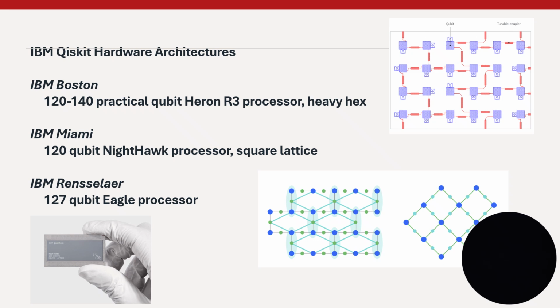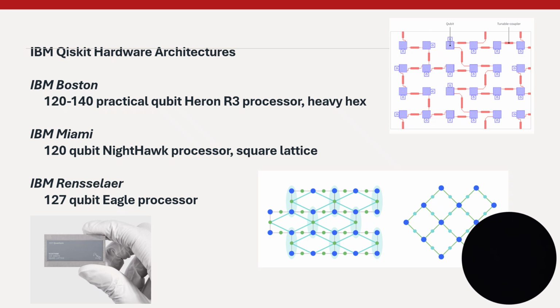To begin with, we're going to be considering three different IBM quantum computing hardware architectures, namely Boston, Miami, and Rensselaer. The IBM Boston architecture uses the Heron R3 processor with a heavy hex architecture, 120 to 140 qubits in practice. IBM Miami uses the Nighthawk processor with a square lattice up to 120 qubits.